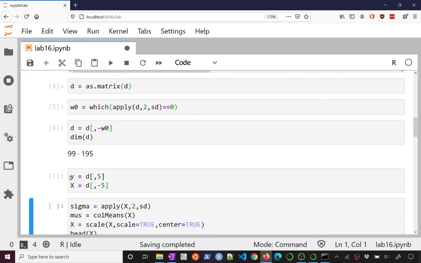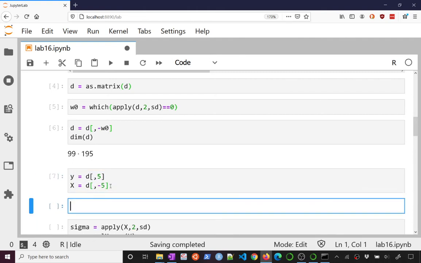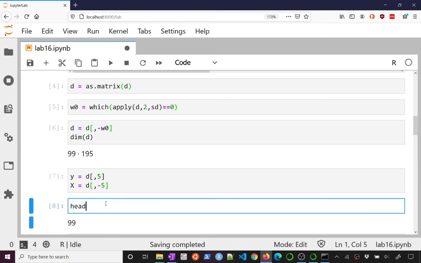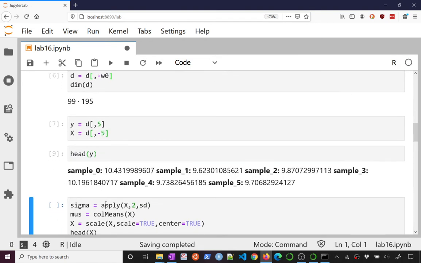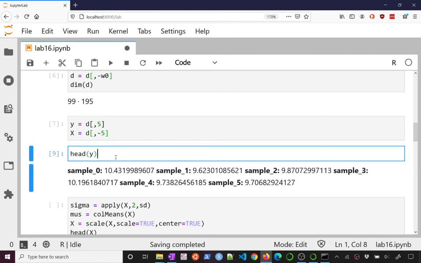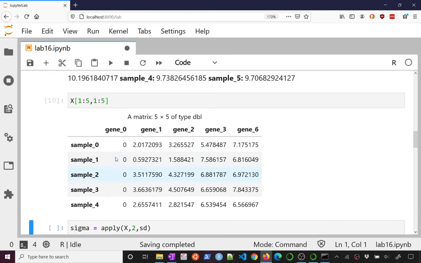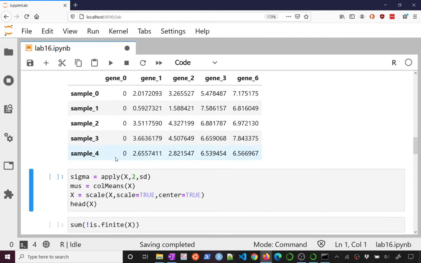So we're kind of going to make up an X and a Y. The Y is just our response, so there are 99 of them, and the X is the other stuff, our subset of the gene expression matrix.